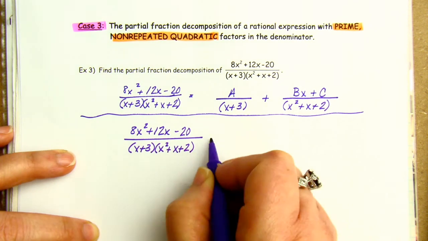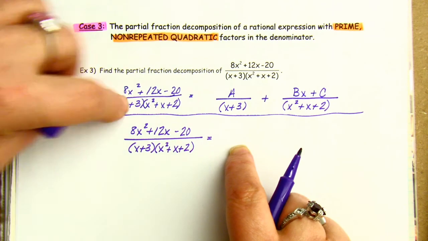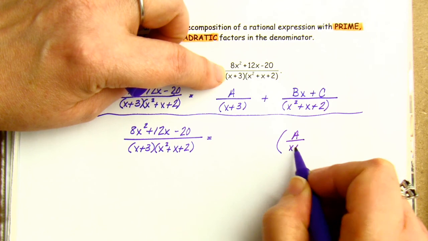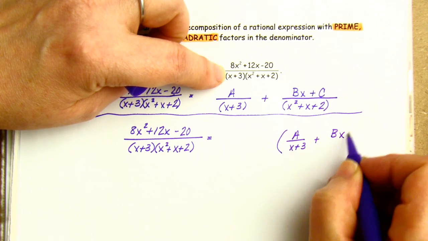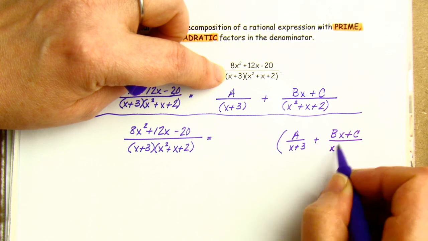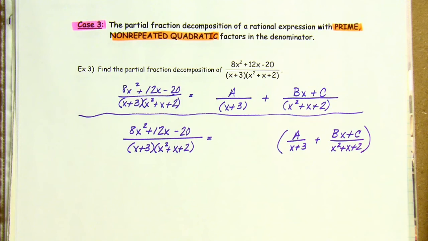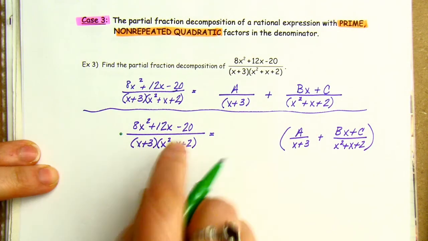And I chose to write it again because I need to leave some space for my least common denominator. Okay, and the least common denominator is what's in the denominator here.